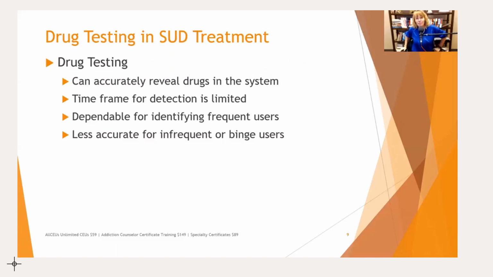Another method for testing that is out there and available is sweat patches, and they stay on the arm for 14 days. They are relatively unable to be adulterated, so people can't scam the system, so to speak. And they give you a picture of the person's levels of different drugs over a longer period of time.